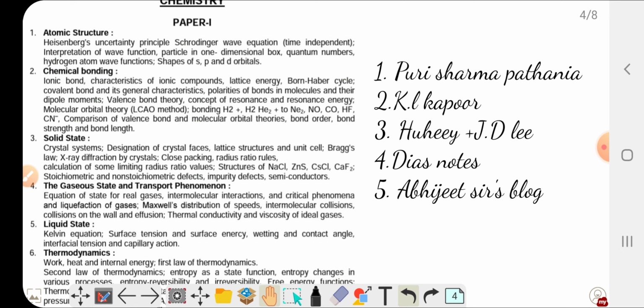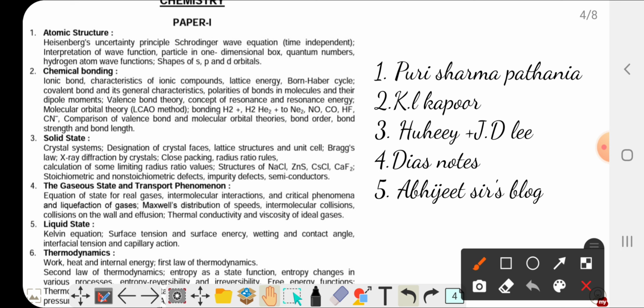Then for certain topics which you think are not sufficiently explained in that particular book, you can refer to another book. And you have to make crisp notes. Otherwise you will not be able to write answers in the later stage, but it is the answers that will fetch you marks, not your knowledge of what you have studied and what you have not. So for paper 1, I have written the books which you must refer to.